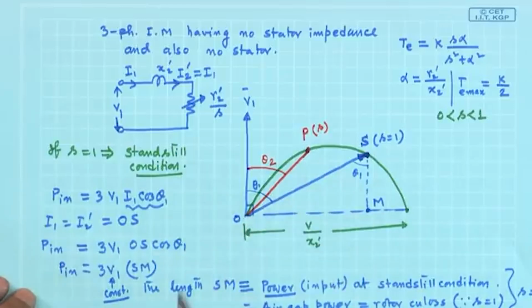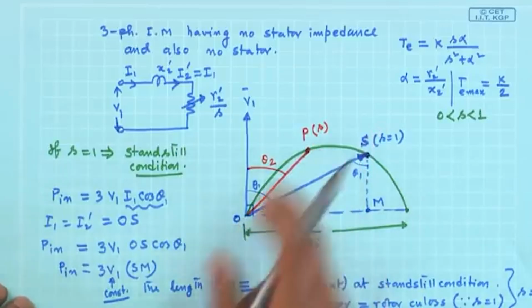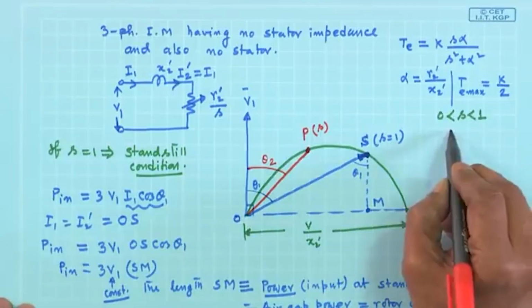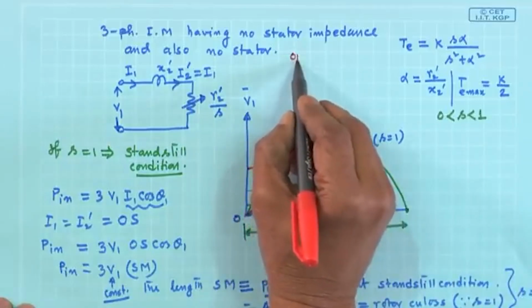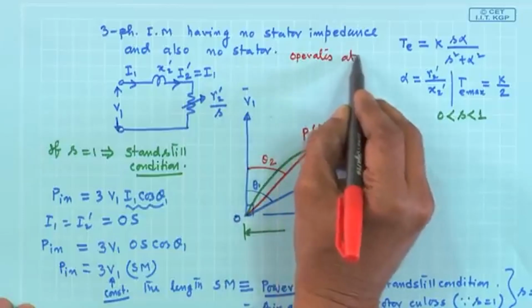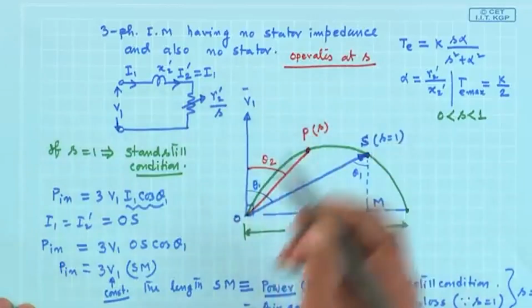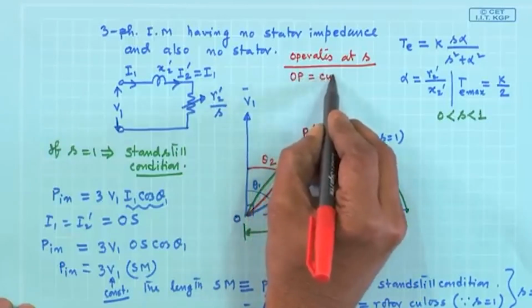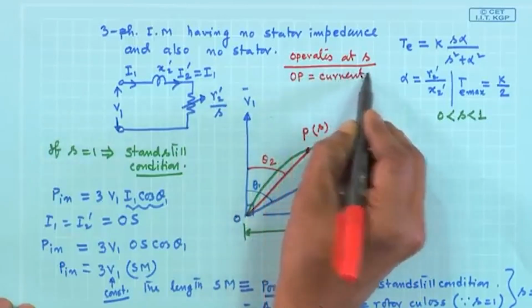Therefore, OP is the current drawn, this length will represent the current drawn by the machine when the machine operates at slip S, a general value of slip.